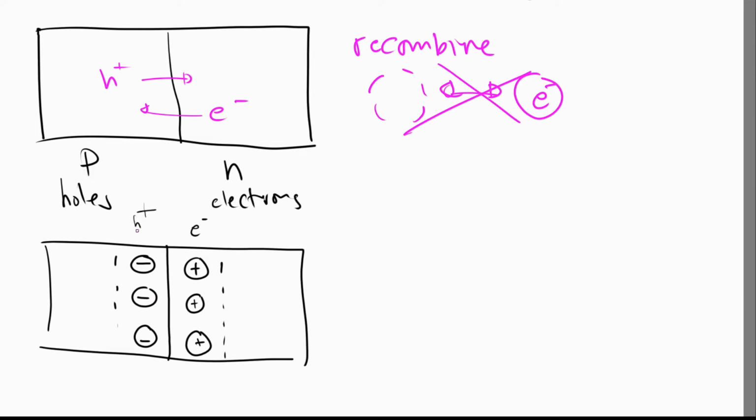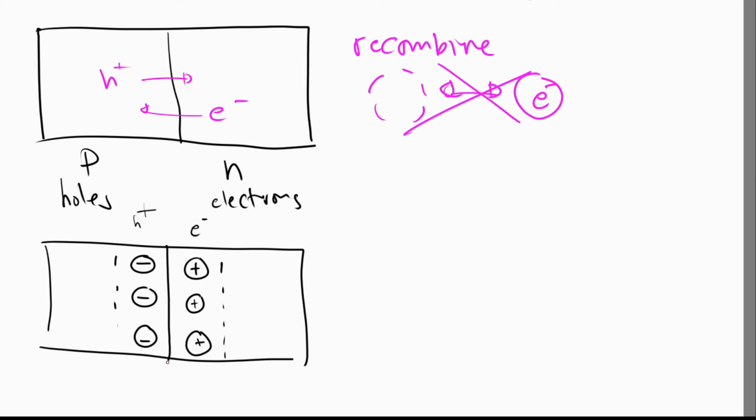So, pag nagtanggal ka ng hole, ang matitira sa'yo is negative charge kasi hole is positively charged, and for your electrons, pag nagtanggal ka ng electrons, matitira sa'yo positively charged particles. So, these uncompensated acceptors and donors would lead to regions of negative charges at the p-type region near the junction and positive charges in the n-type region near our junctions.